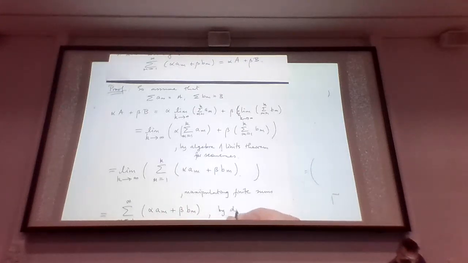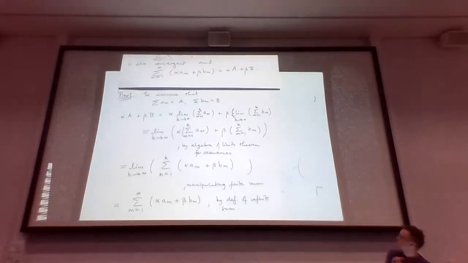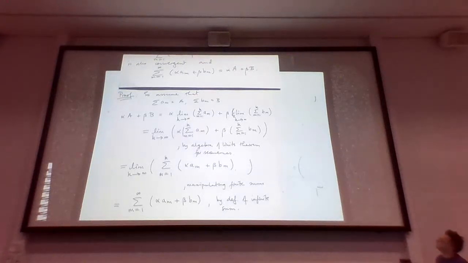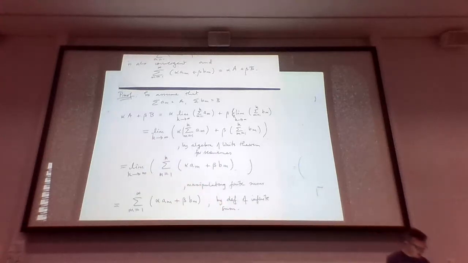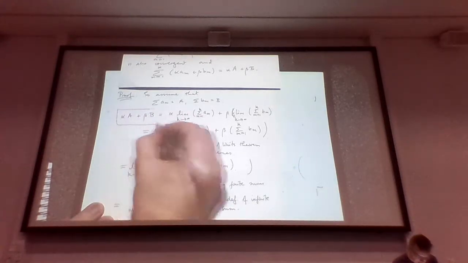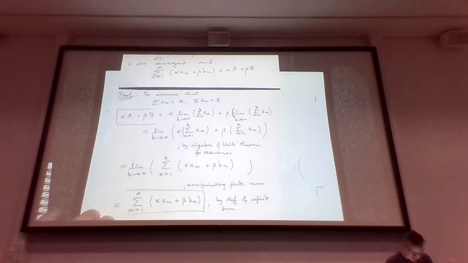Again, that's just by the definition of an infinite sum. And that is exactly what we were trying to prove. We were trying to prove this statement up here. That was the conclusion we were arguing for. So here we have it: from the top to the bottom, the top left-hand side is equal to the bottom right-hand side.